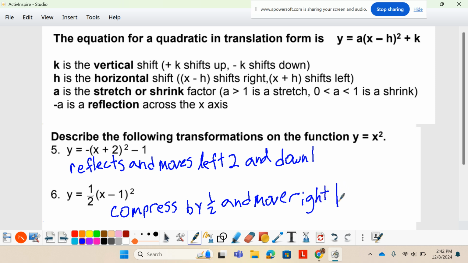Okay, so you kind of have the layout there, and remember I use that game controller type thing to give me some reminders. But that's how we translate those quadratics.